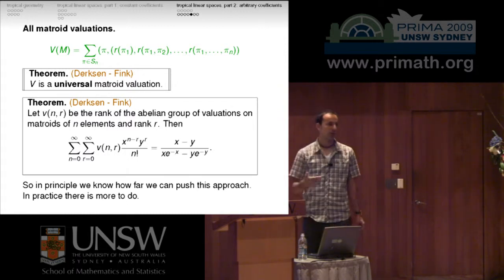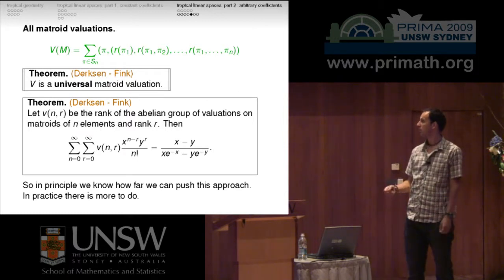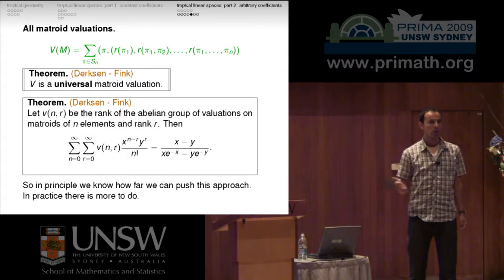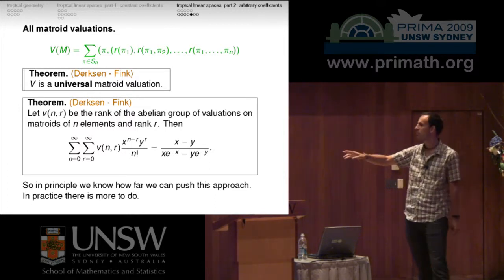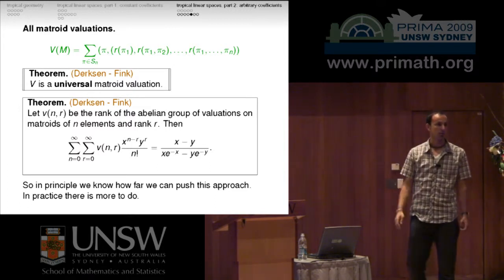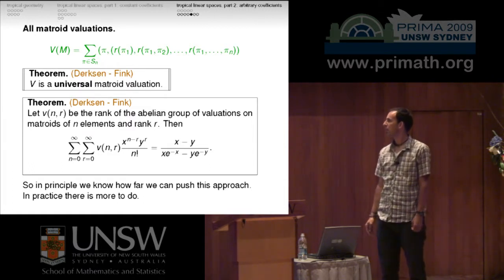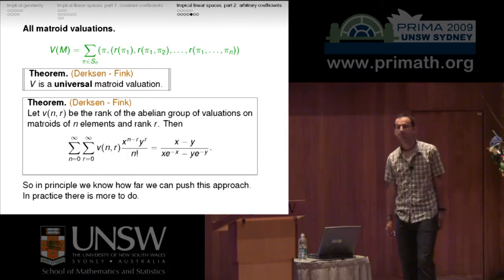And through a little bit of a detailed analysis, they can say for a fixed number of elements and a fixed rank, how many valuations are there. Okay? If v(n, r) is the number of independent matroid valuations, then they can give a generating function for those. Okay? And so, in principle, that means that we know every single matroid valuation.